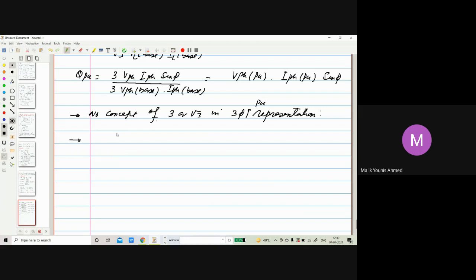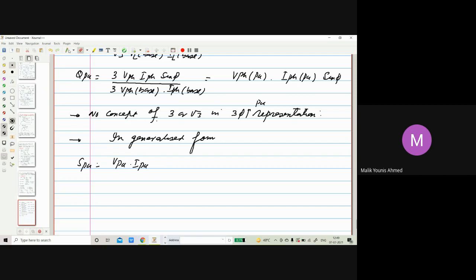Last is the generalized form, what we have to remember. In generalized form, S in per unit is V per unit into I per unit.